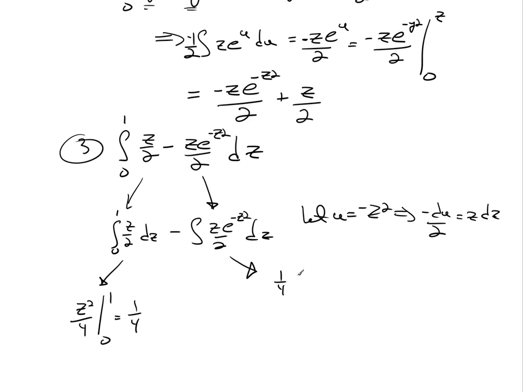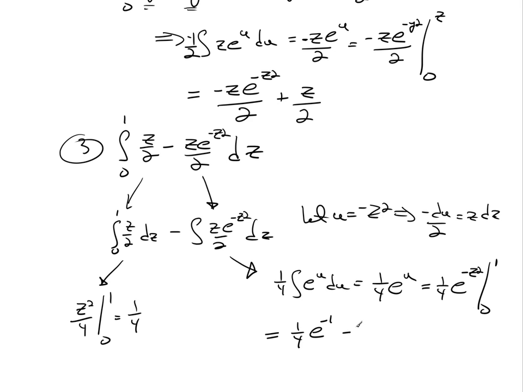So I'm going to have a 1/4 times the integral of e to the u du, which is just 1/4 e to the u, which is obviously 1/4 e to the negative z squared, evaluated from 0 to 1, which is going to give me 1/4 times e to the negative 1 minus 1/4.